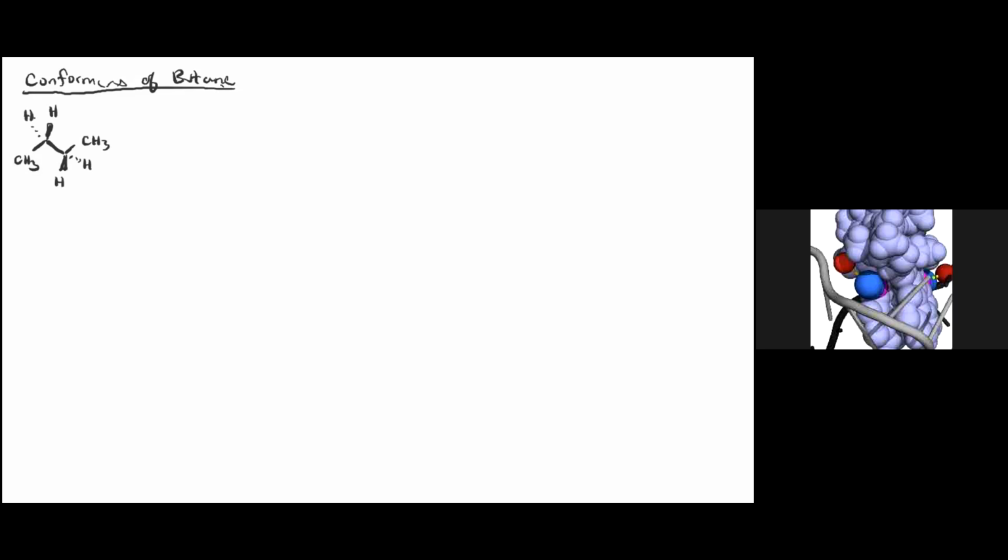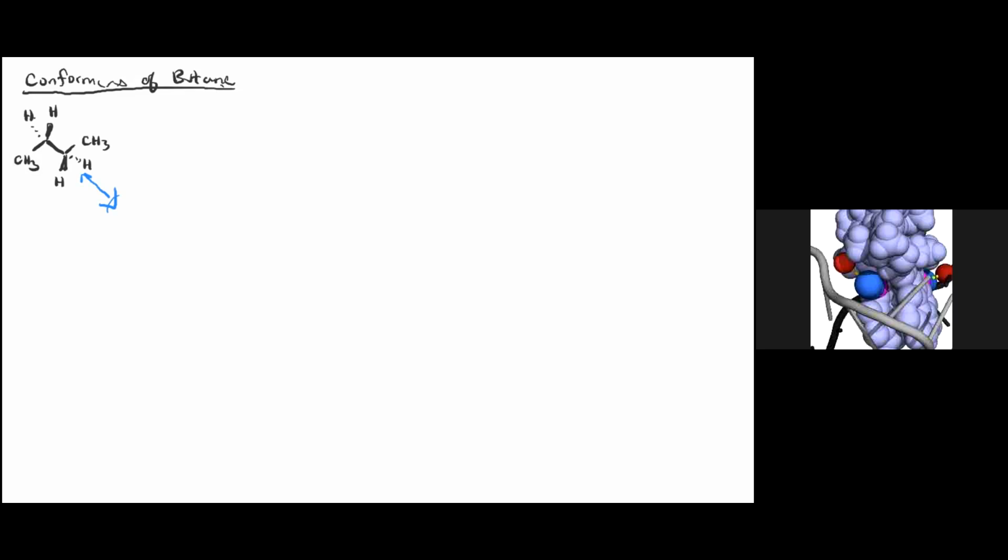Okay, so in this first conformer, I've got one methyl group on the left pointing down, the one on the right is pointing up. I'm going to make my perspective from this side here, and I'm going to bring that right-hand carbon in front.